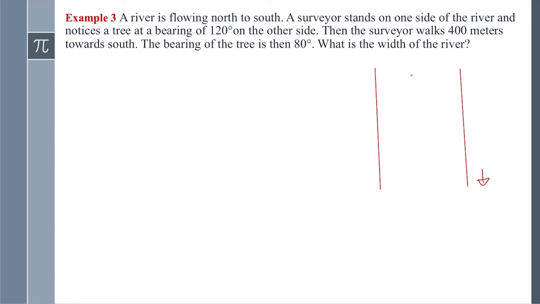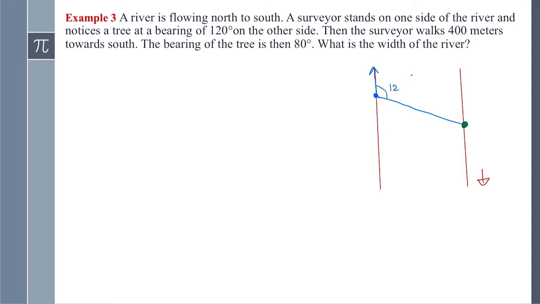Now, a surveyor stands on one side of the river and notices a tree at a bearing of 120 degrees on the other side. So let's say the tree is somewhere here, and the surveyor is standing here. So the bearing of 120 means this is north, so an angle of 120 degrees.